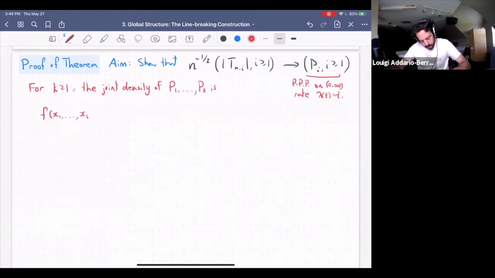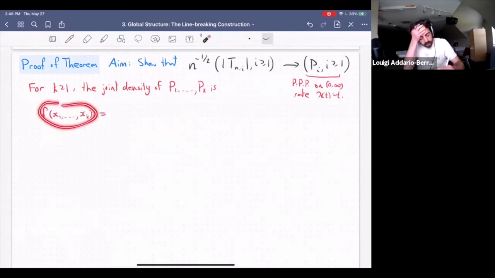I'll call it f. What does this mean? We're asking about the density of the event that p1 is at x1, p2 is at x2, and so on up to pk at xk.